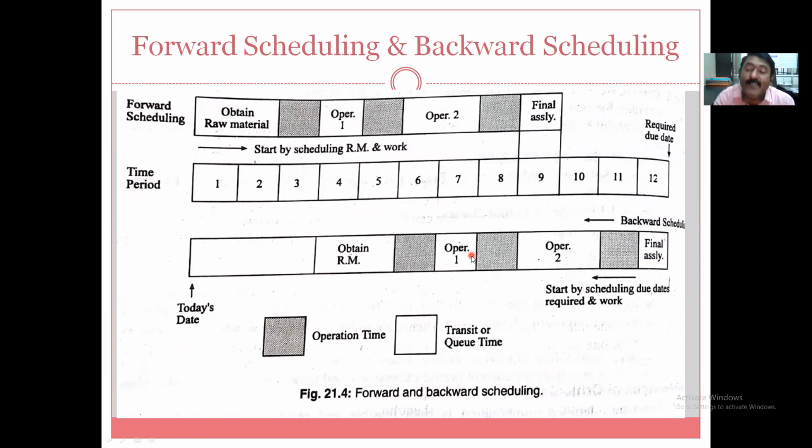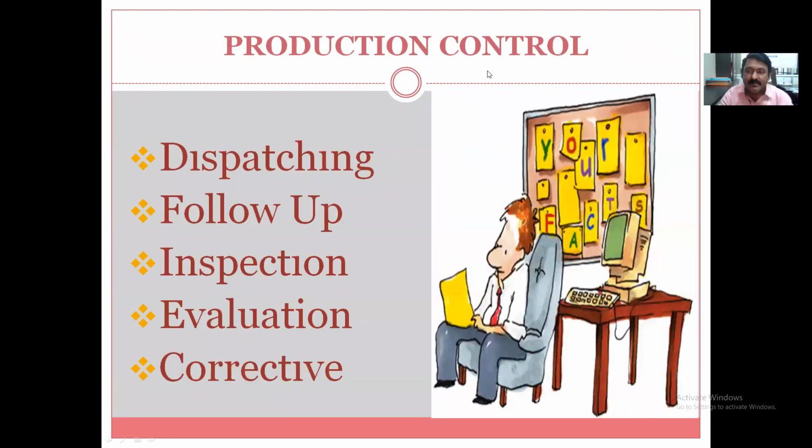In this schedule, obtaining the raw material, performing the operations, and finally meeting the date. Backward scheduling is by considering the final assembly date as the last date or dispatch date, and then going in the reverse manner. Each of these different methods has its pros and cons. So this is just the concept.